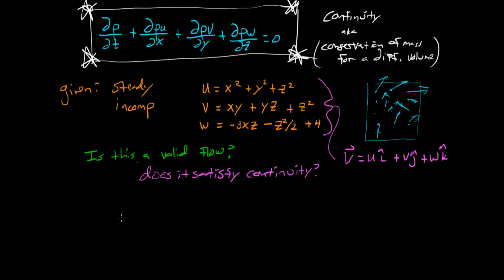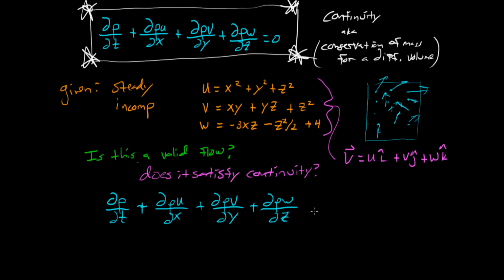First, we're going to start with the most general form of the equation: dρ/dt plus d(ρu)/dx plus d(ρv)/dy plus d(ρw)/dz, and this has to equal 0 for the law to be followed. Let's apply as many simplifying assumptions as we can. First off, it's steady. That lets us get rid of this term.